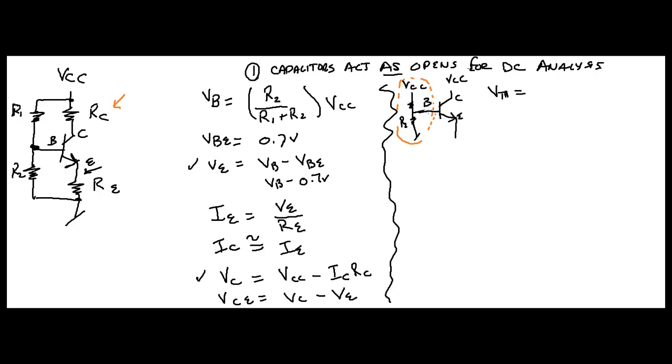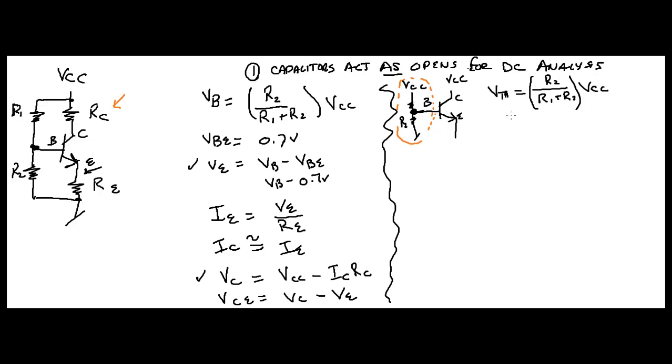We just want the voltage at that point. Well, we know what that is. It's what the other one was. It's going to be R2 divided by R1 plus R2 times VCC. All right? Because we're basically looking right here, right?